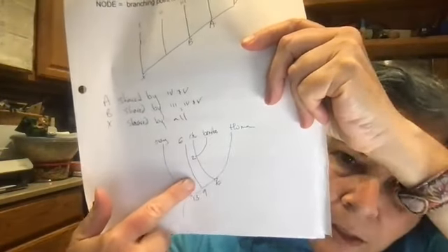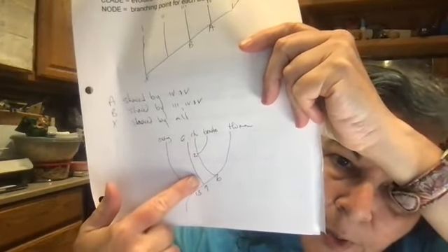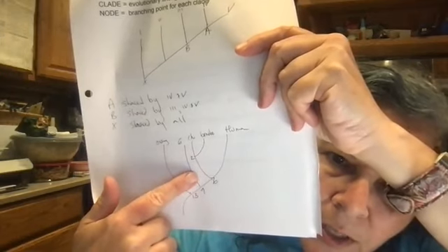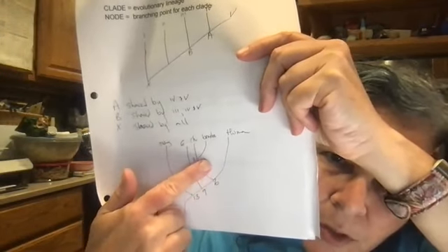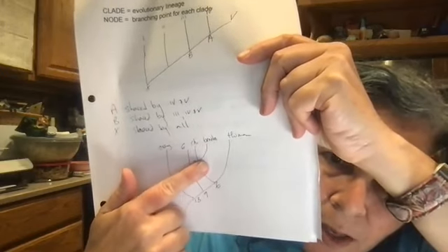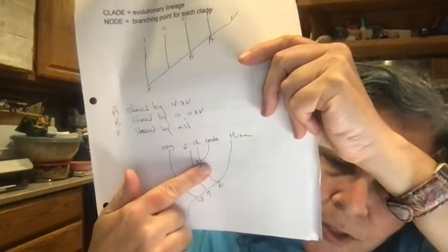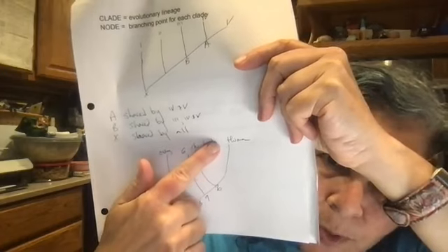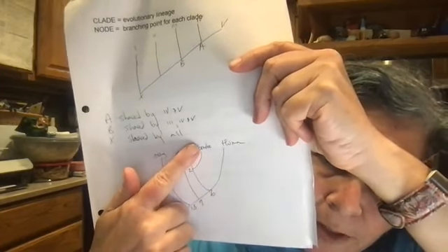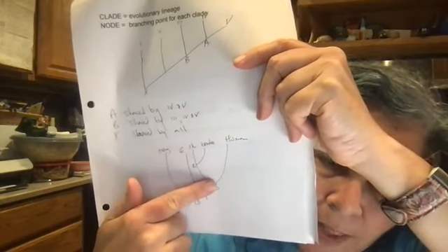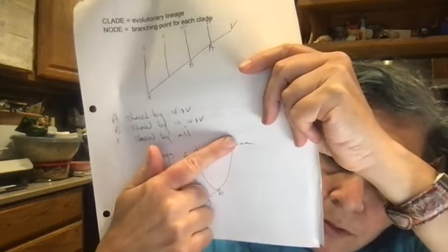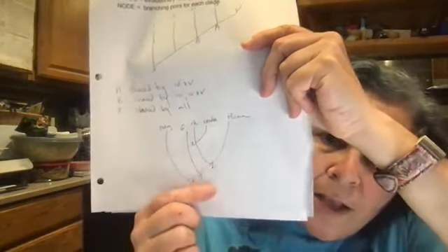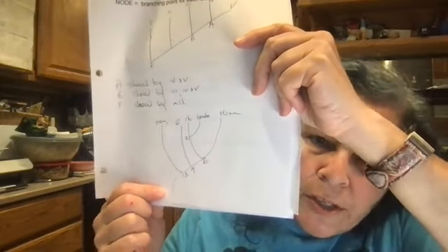Then 9 million years ago, the gorillas split off. Then 6 million years ago, chimpanzees split off. Then 2 million years ago, the bonobo chimpanzees split off from the regular chimpanzees. That last split was when the chimps split from the humans, and that's the human line. So that's what an evolutionary tree looks like.